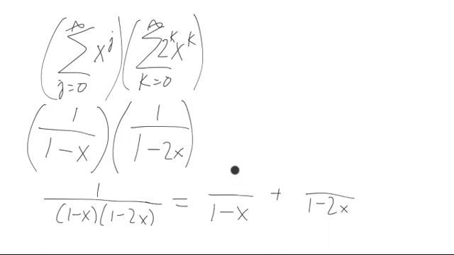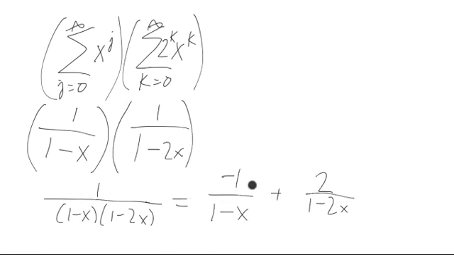We can use the cover-up method. We think, well, 1 would make this 0. So let's cover this up and put 1 into the other part, and we get 1 over 1 minus 2, which is negative 1. Over here, 1/2 would make this 0. So we put 1/2 in the other part, and we get 1 over 1 minus 1/2, which is 1 over 1/2, which is just 2. So we get 2 right there.